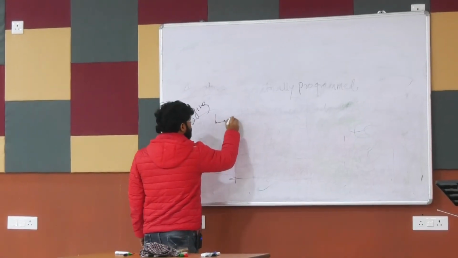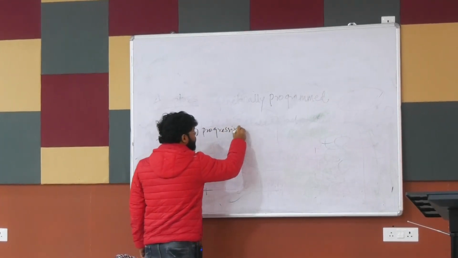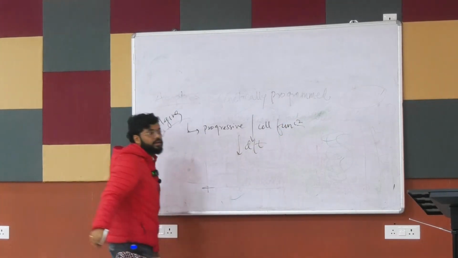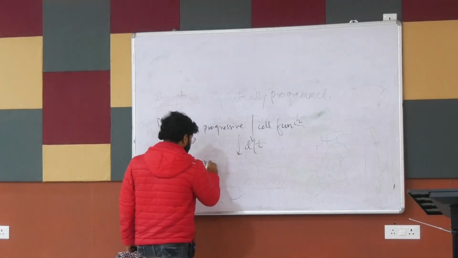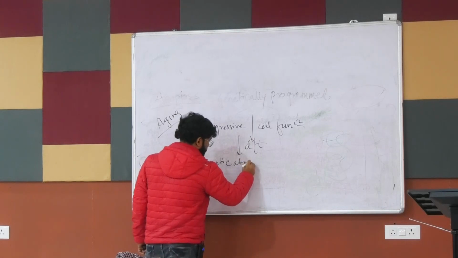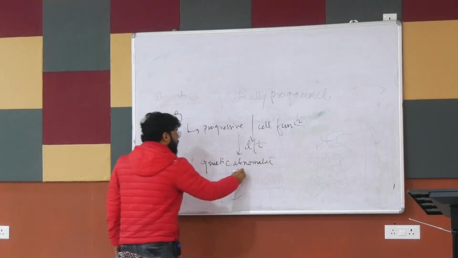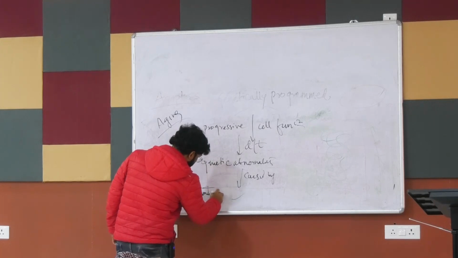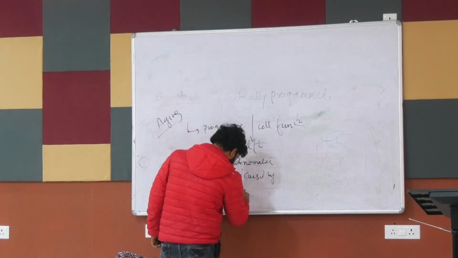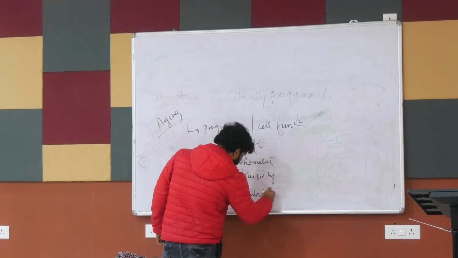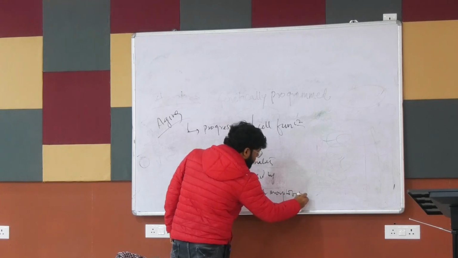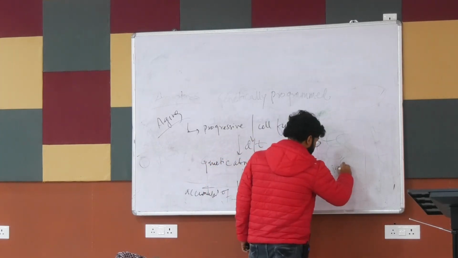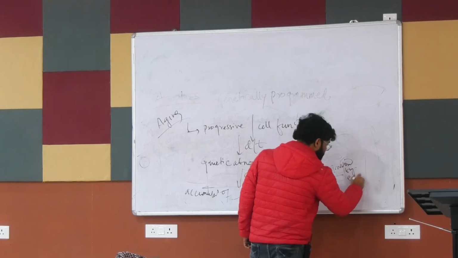In aging, there is progressive decline of cell function, due to some genetic abnormality, caused by accumulation of cellular and morphological changes, imposed by or influenced by some external factors.